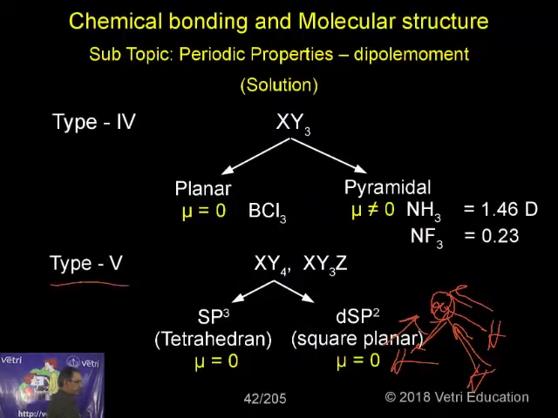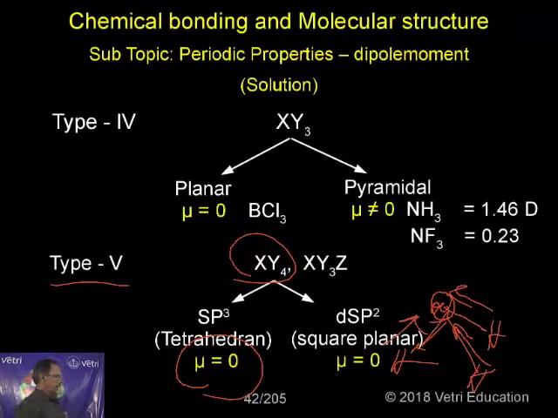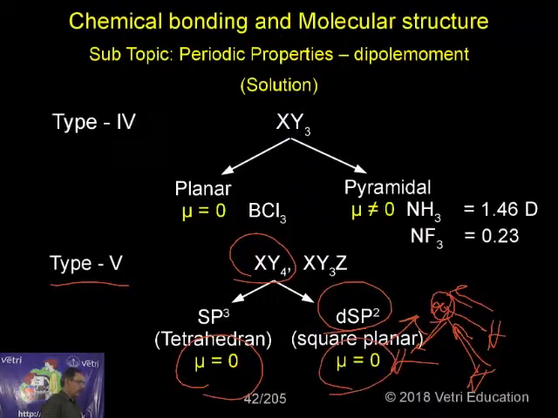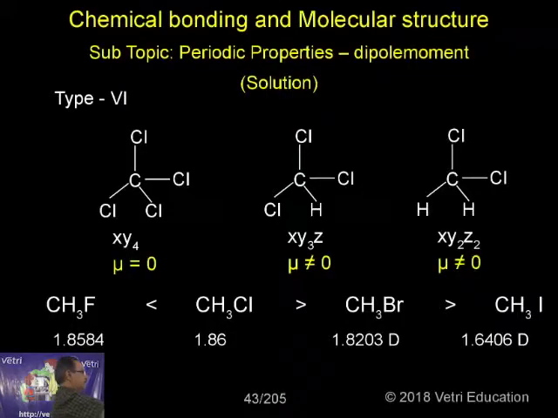And type 5, XY4, tetrahedral. Remember, if it is symmetrical, like methane, tetrahedral, mu equal to 0. Whereas if, instead of sp3, it is dsp2, square planar, mu equal to 0. So we have to predict the shape and find out from that whether we have a zero dipole moment or not.